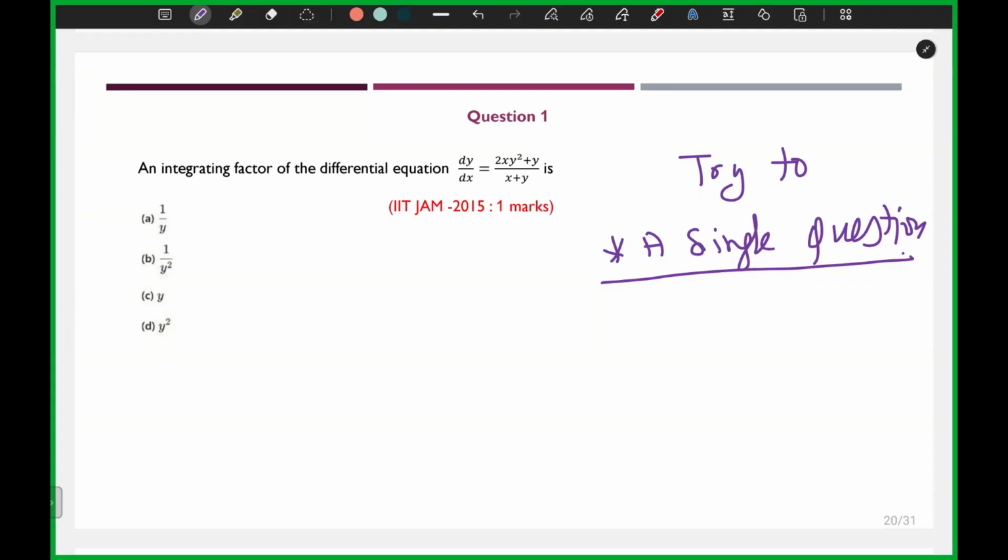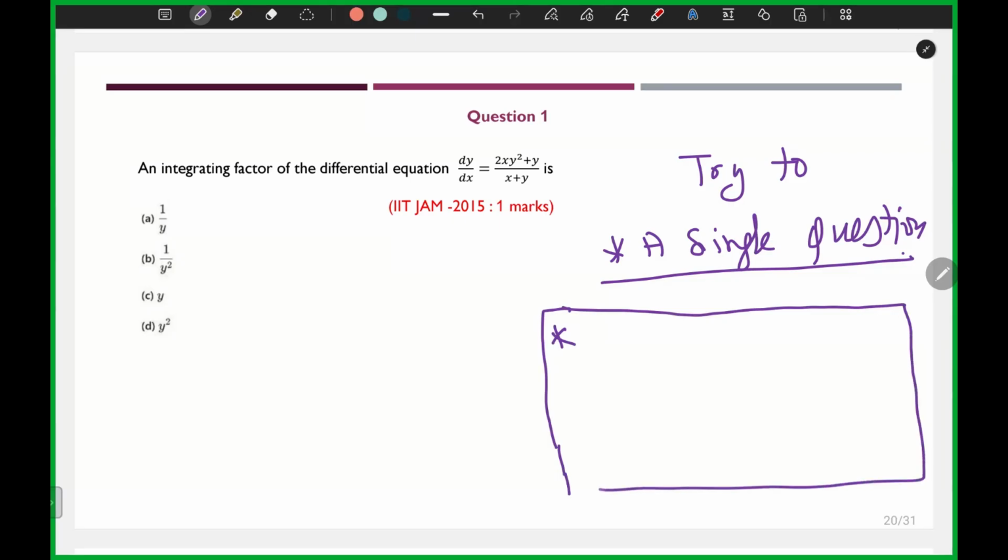Can any student answer what you would like to cover in the next session, which topics? Any student can tell what topic you are stuck in or left out in this part of the differential equations JAM syllabus. Orthogonal trajectories. Okay.